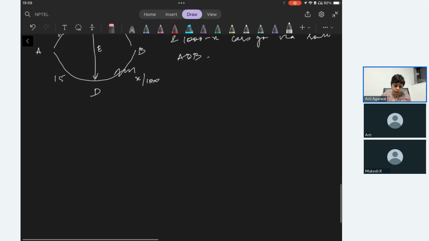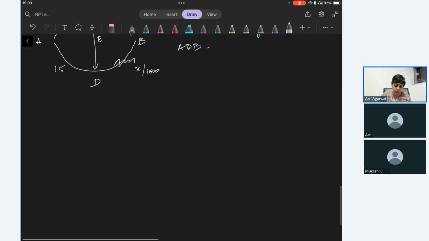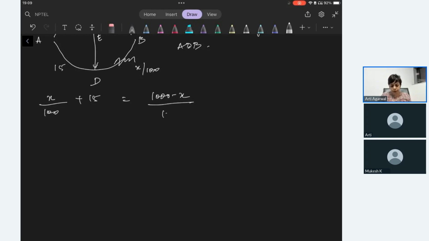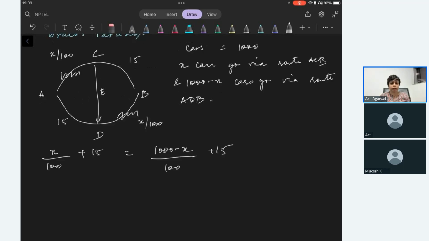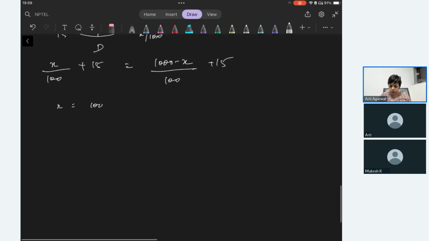So X by 100 plus 15 is equal to (1000 minus X) by 100 plus 15. Now if you can see, the timings across these patches are a very symmetrical problem. So eventually what you get is X is equal to 1000 minus X, which implies X is equal to 500.